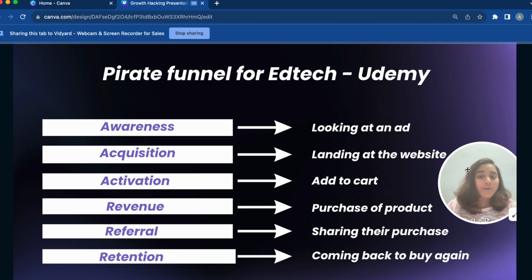A growth hacker might be a founder, a product person, a tech person, or anybody, but someone who understands the core of the business and wants to drive revenue, referral, and retention, making sure the whole business scales. So it's not always that a growth hacker has to be a marketer.